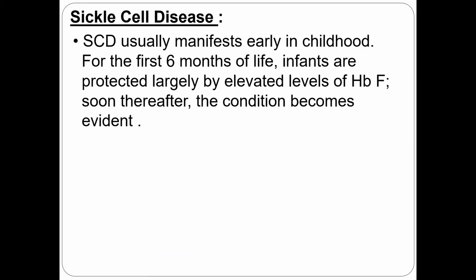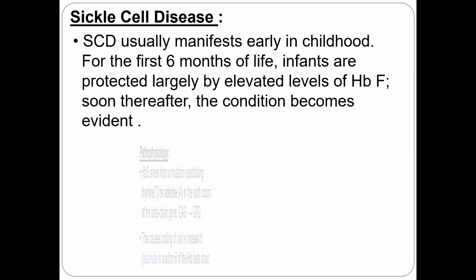At the stage where we have hemoglobin F, due to the type of globin chain that is available, we don't have much of a problem. But when we get to the stage in life where hemoglobin F has changed to hemoglobin A, then it changes to S, and the condition becomes evident.